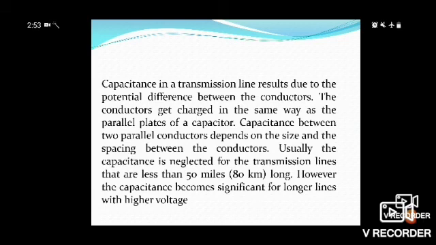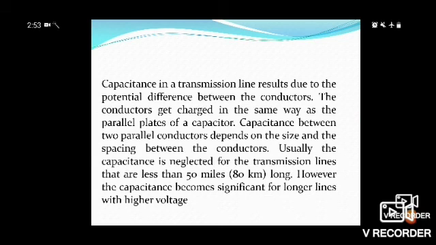So what does the capacitance mean? It is defined as the shunt capacitance between the two wires per unit length. Already I have said that whenever we place two plates in a parallel connection, that will have a capacitance.